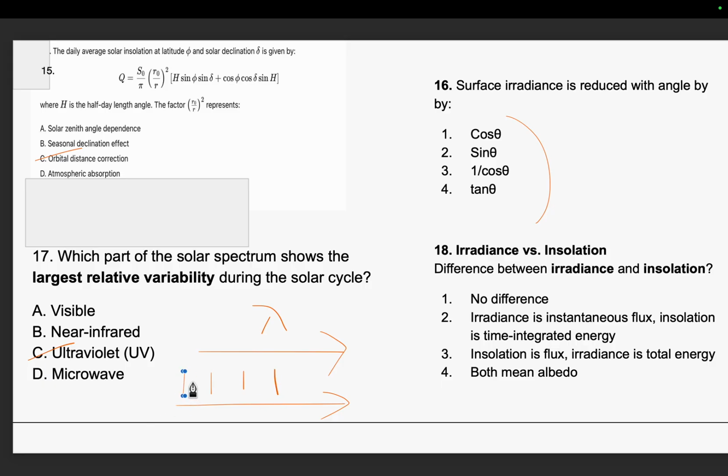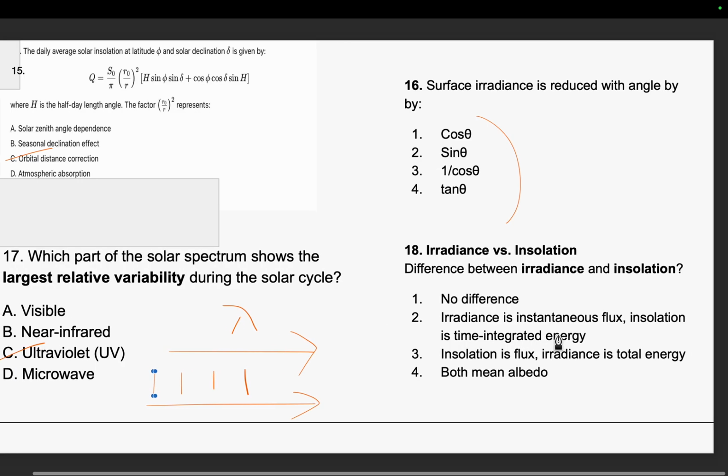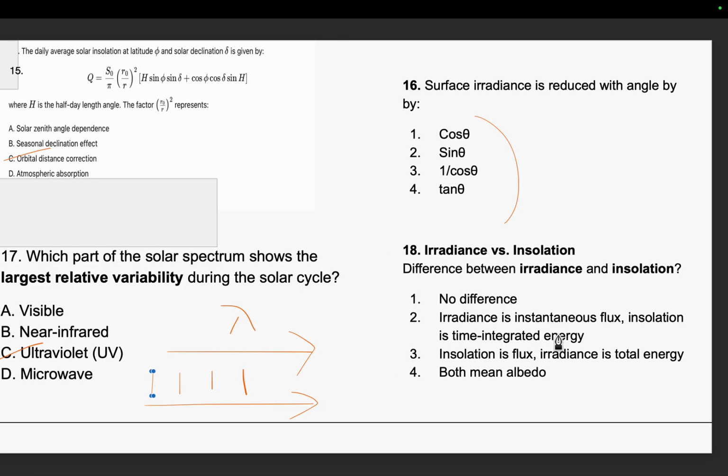First comes UV, which has the lowest wavelength and high frequency. Then comes visible. Then comes near infrared. Then comes microwave. Microwave has the largest wavelength, which means lowest frequency.